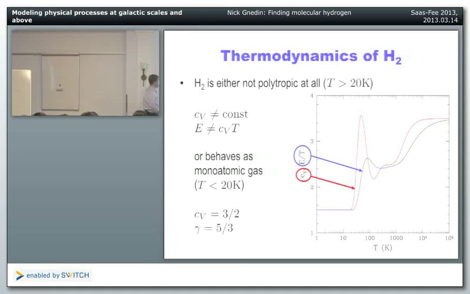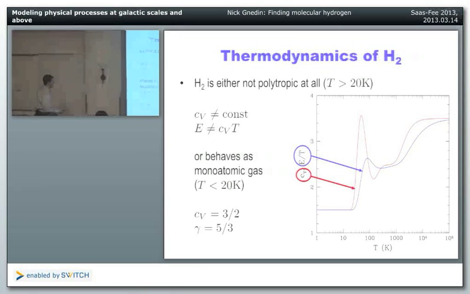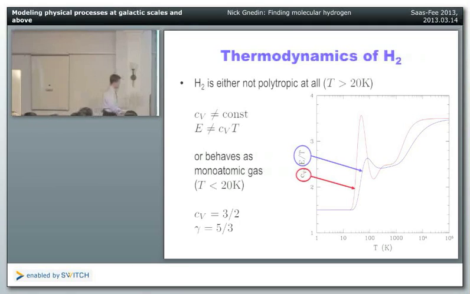And at lower temperatures, it behaves as a monatomic gas because even the first rotational level is not excited. If you don't excite the rotational and vibrational levels, you just kick the molecule as a whole, and of course it behaves like one atom. You don't care how many pieces it has. So the interesting thing about H2 is that it either behaves as a monatomic gas or it's really very complicated.